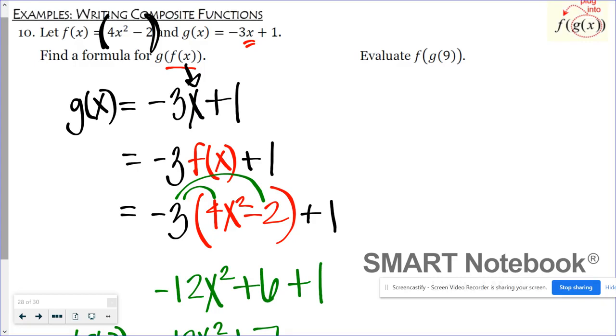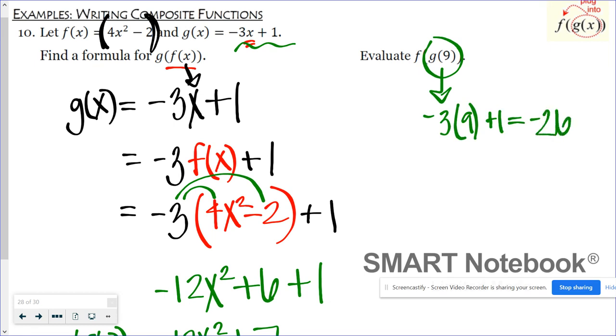On the right side, we have a really simple problem. Evaluate. Evaluates, yes, they are simple. I don't have to do all this work. I can just start on the inside, evaluate g of 9. So plug that in. So I have negative 3 times 9 plus 1, and that's negative 26.